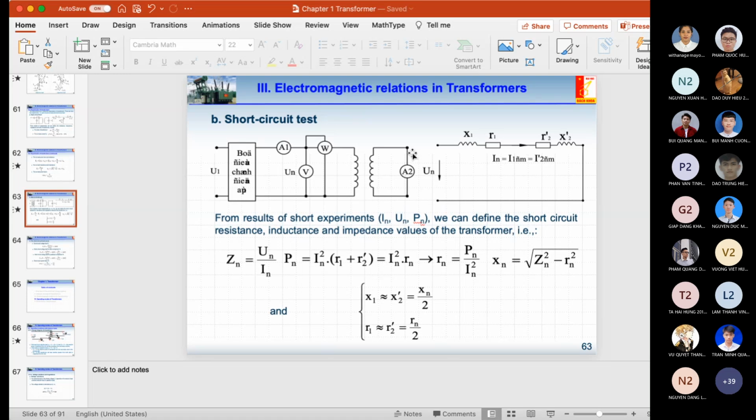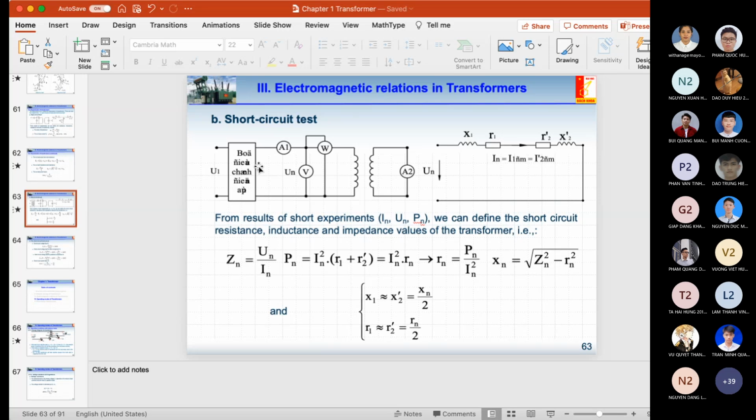In the machine the current is very high. If we want the current in the transformer to equal the rated current, we have to reduce the applied voltage, and we reduce it by using the auto transformer. This is very clear when you go to the laboratory.